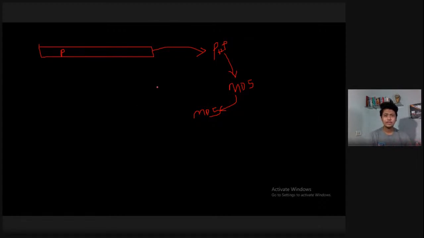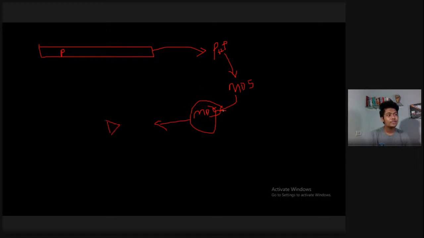You encrypt a message or password once in MD5 and store it in PHP. After that you encrypt it in MD5 again, and then you send this MD5 to your database. Now this MD5 is stored in our database.